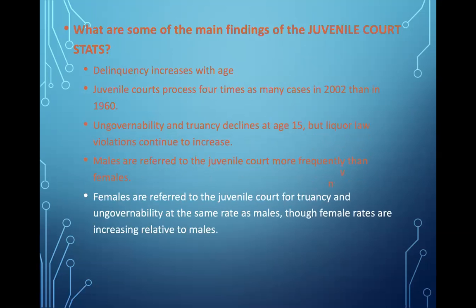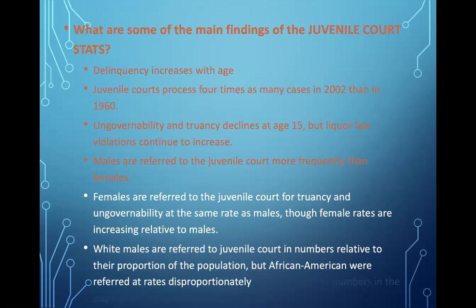Females are referred to juvenile court for truancy and ungovernability at the same rate as males, though female rates are increasing relative to males. And white males are referred to juvenile court in numbers relative to their proportion of the population, but African Americans were referred at rates disproportionately.